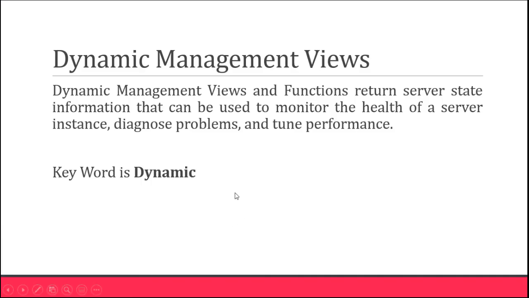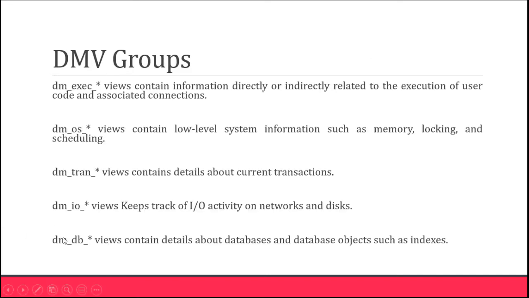That is the basic difference between the catalog views and the dynamic management views. These are essentially looking at things that are transient in nature. There are 4 groups of dynamic management views. The DMOS views contain low-level information such as memory, locking, scheduling, etc. The tran views, details about current transactions.